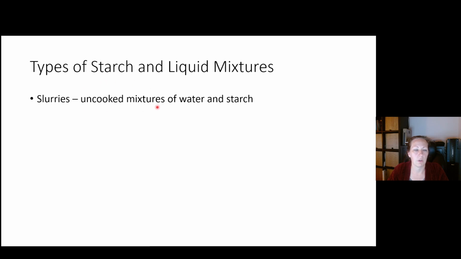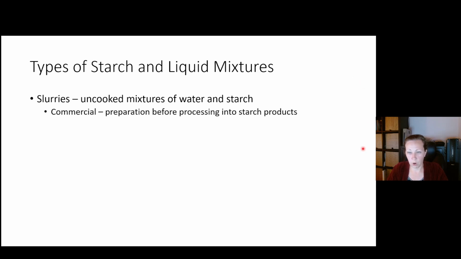Okay, so any mixture of water and starch that has not been cooked is a slurry. Now, commercially, these slurries are really just the preparation before processing into starch products.